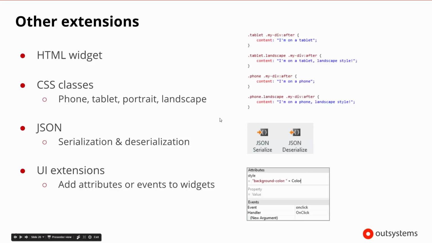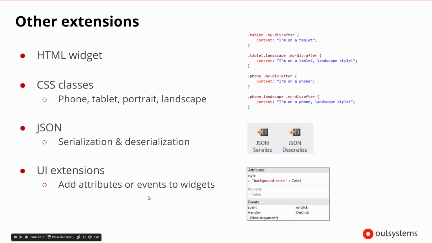And that will allow our devices and our apps to react to how the device is being used a little bit better. Because there's a lot of JavaScript going on back and forth, we have the capability of doing JSON serialization and deserialization. So there are specific tools in the toolbox to be able to help us do that when we're inside of action flows trying to work with JSON. And then we have these things called UI extensions.